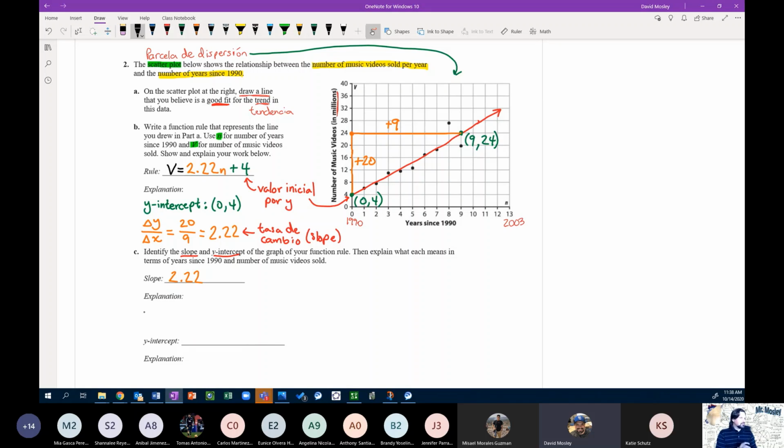Nice. So for the explanation, what does this part of the rule mean?